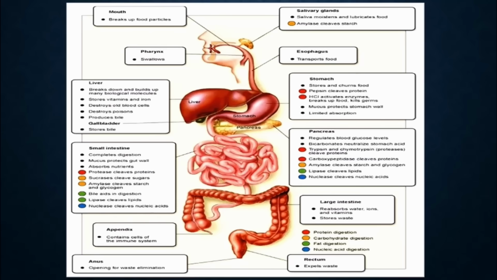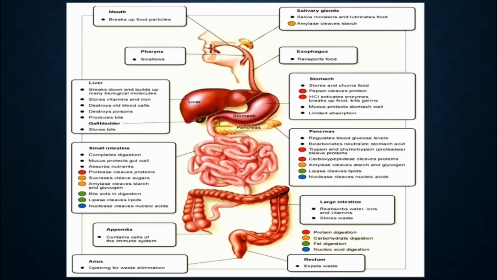Here, hydrochloric acid is present, which activates enzymes like pepsin and helps in breaking down the food, and it also kills germs. A layer of mucus protects the stomach wall, and after activation, pepsin cleaves the protein.